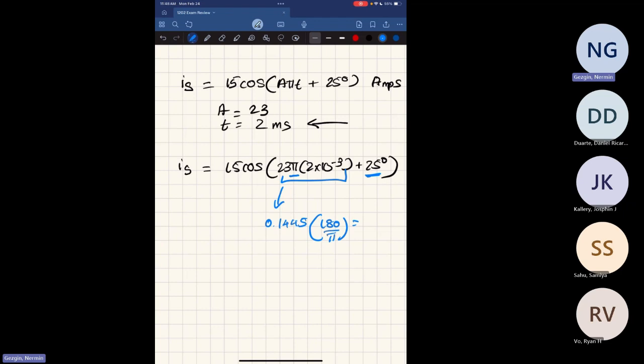That should give us 8.28 degrees. From there, we can say it's 15 cosine of 8.28 plus 25. Be sure, when you're using a calculator, that it is set to degrees. If it's set to radians, it's going to say something else. When you do that, we should get 12.539 amps.